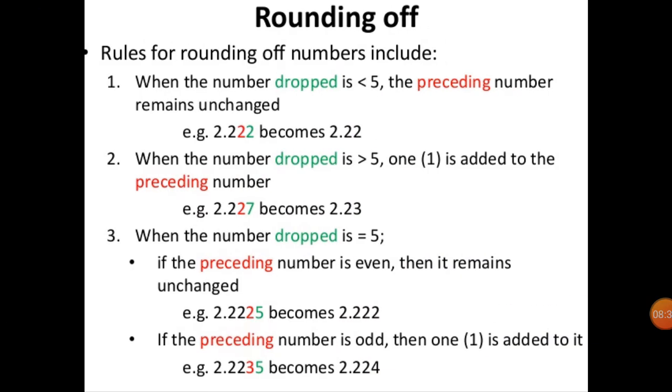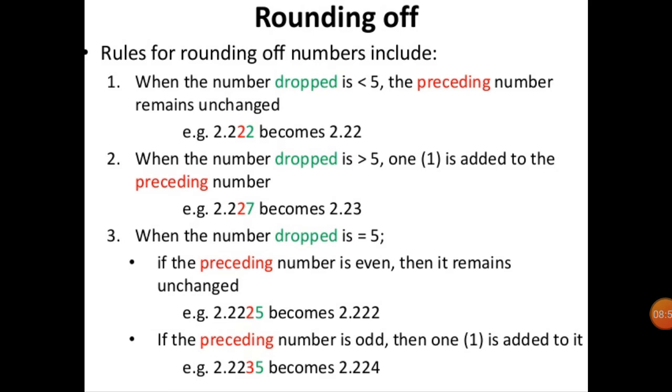Now we'll study rounding off, and there are certain rules for rounding off. The first is, when the number dropped is less than 5, the preceding number remains unchanged. One example is given over here: 2.222 becomes 2.22.